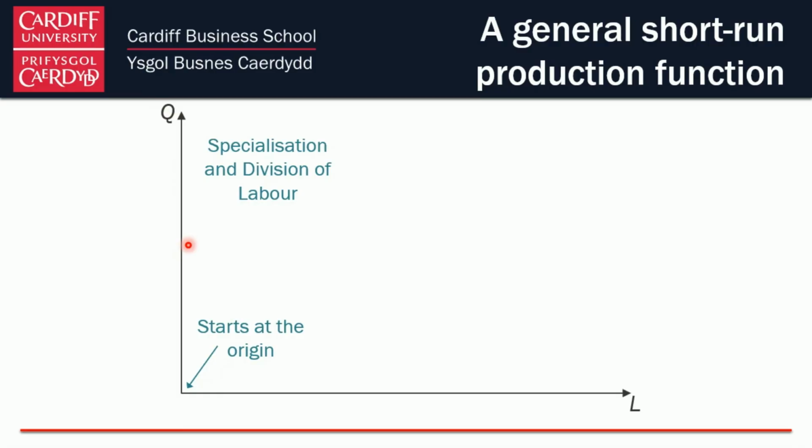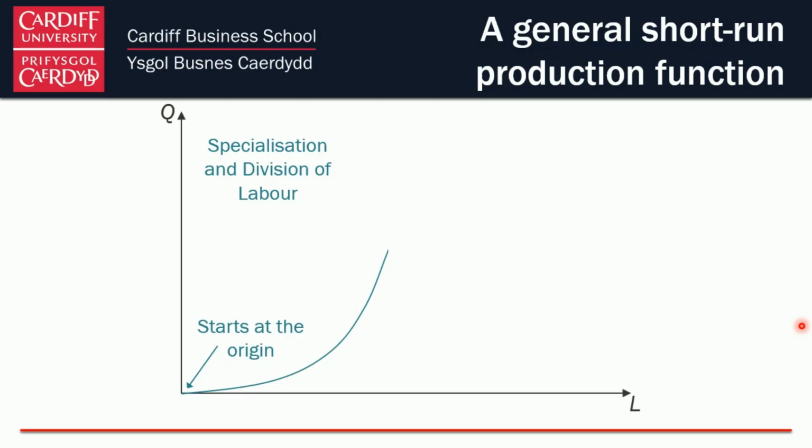It's got 2 phases. This is the initial phase, where as you're adding labor into your production process, output goes up, and it goes up in an accelerating way. It's kind of the nice phase of the production process. So output increases at an increasing rate.